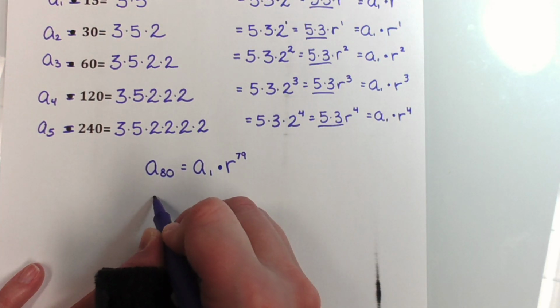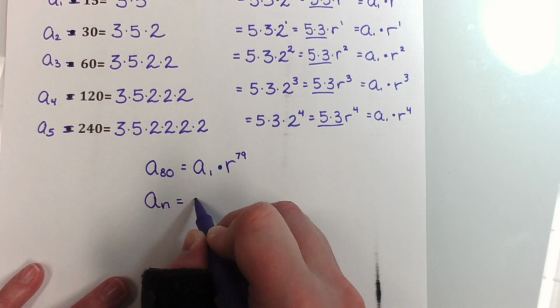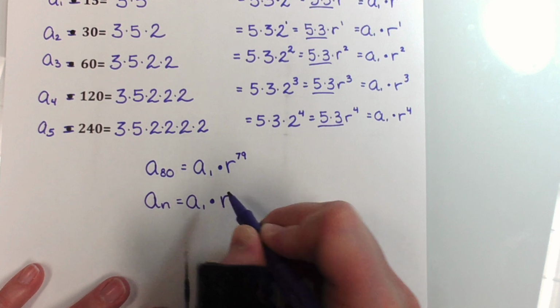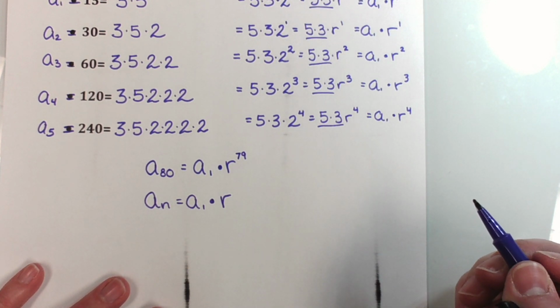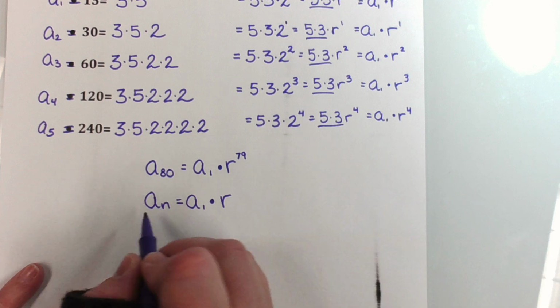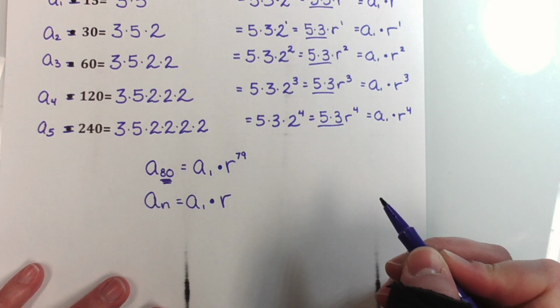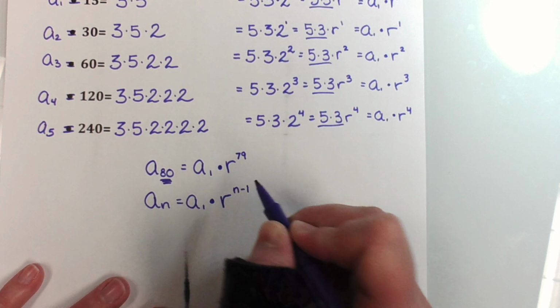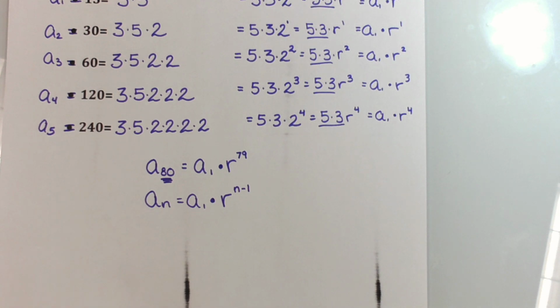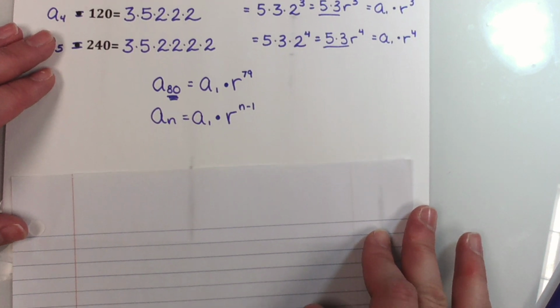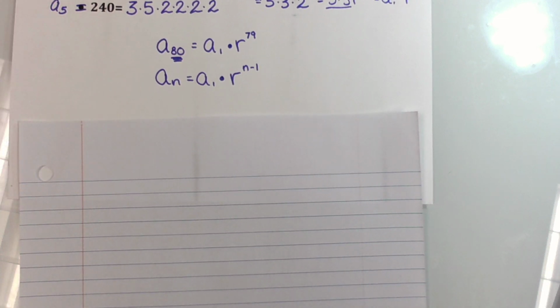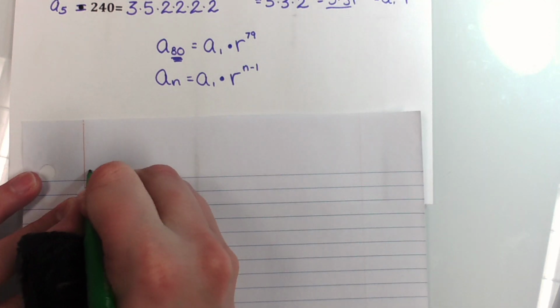So, a sub n is equal to a sub 1 times r to the power of, this is n, so n minus 1. This is the formula for a geometric sequence, which is what we're getting into today.